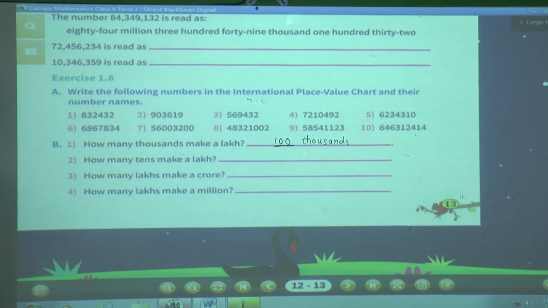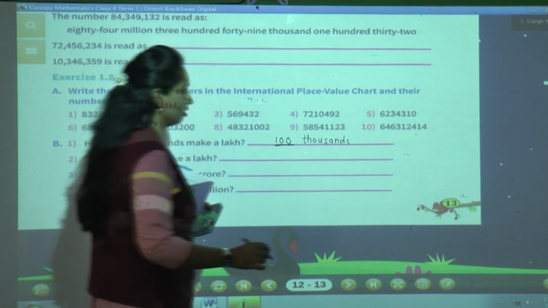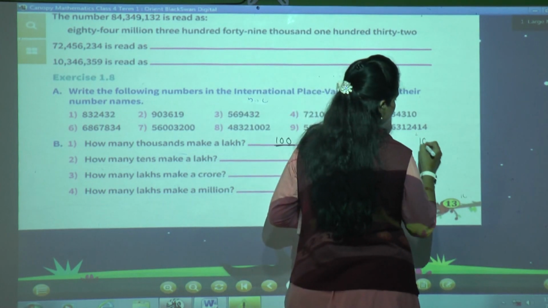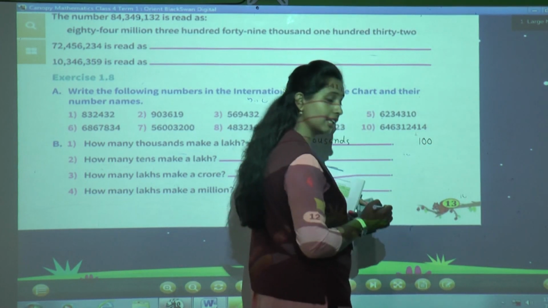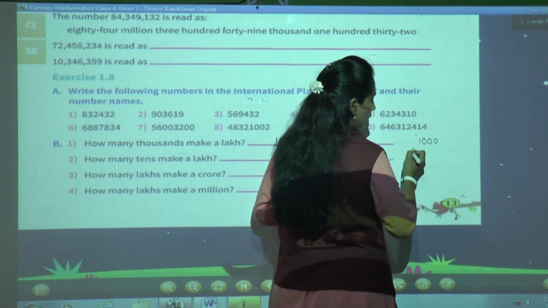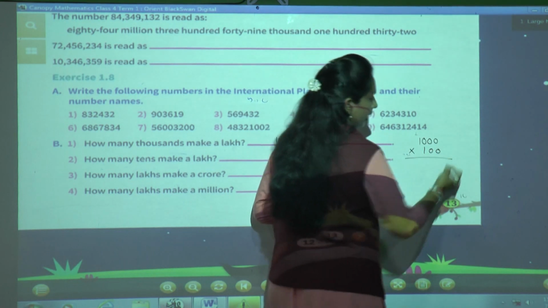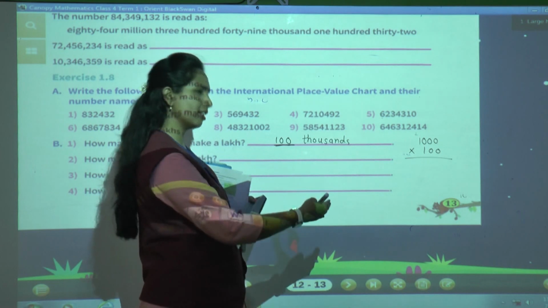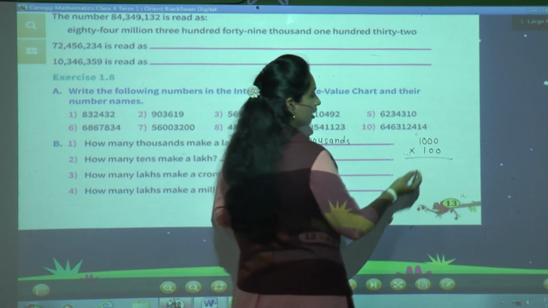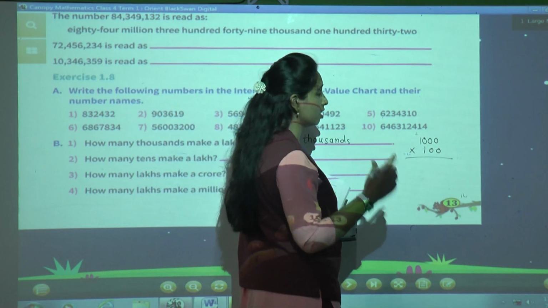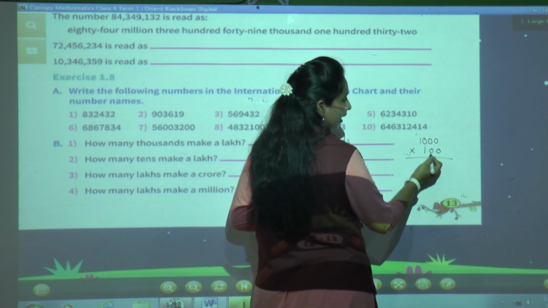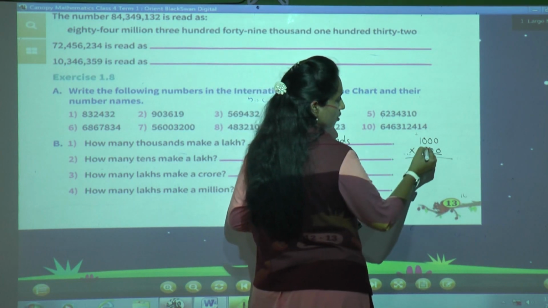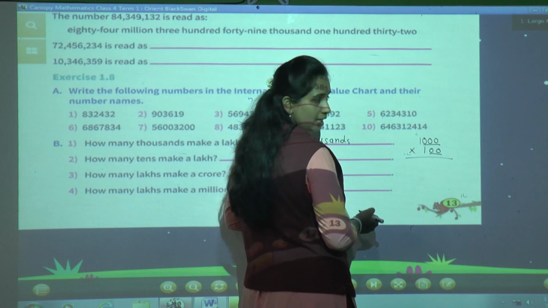Okay? So how you will cross check this? Whether it is correct? 100 thousands I said. So thousands multiplied by 100. If you do this is very lengthy, but still I want to tell you. Okay? So here you have to learn the zeros magic. You know now that? See, 2 zeros are there, 3 zeros are there.